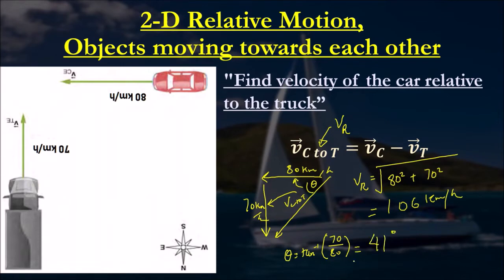Okay, obviously these are just roundups, but it doesn't really matter. So I guess the final bit is just working out the actual direction. If we actually look, this is going west and then coming down south. So what we have is west 41 degrees south. Okay, if you want to make south the big one, or the one that determines the direction, you could write it as south 48 degrees west.